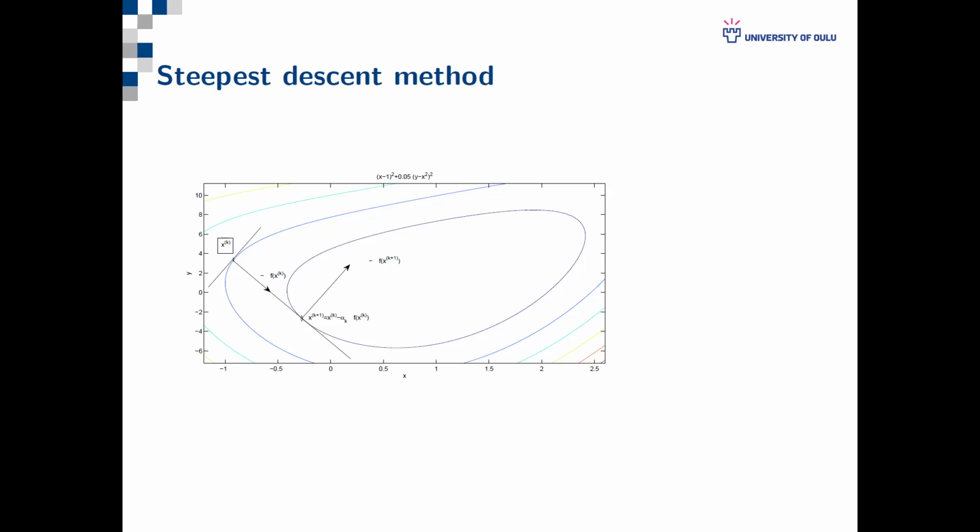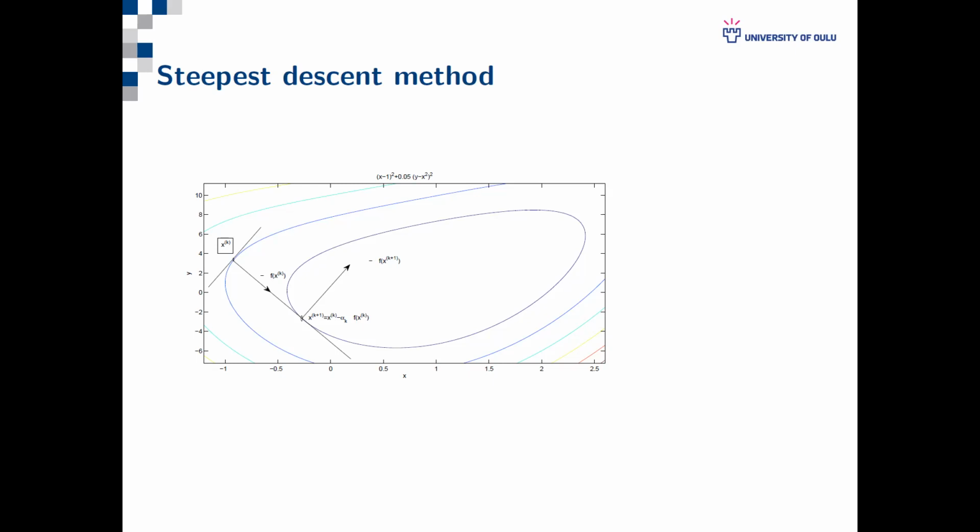Then here is the new point, and you have the equicontour line, and of course the gradient is always orthogonal, the normal to the equicontour line at the point.